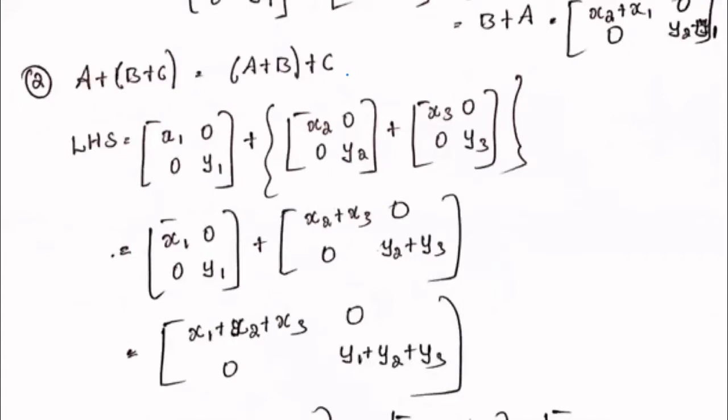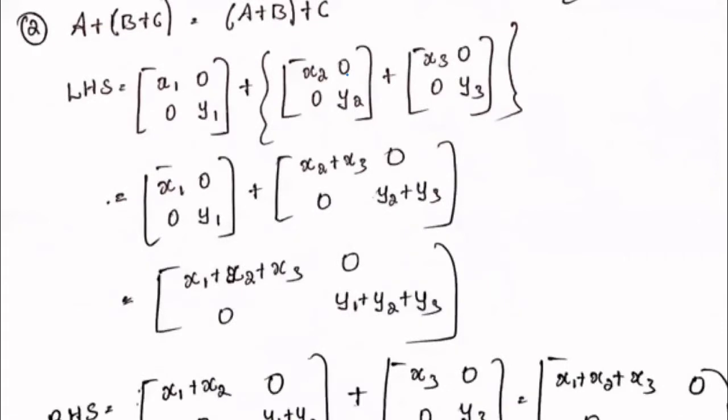You add B plus C here, so x2 and x3 will be added. The resultant will be [x2+x3 0; 0 y2+y3]. Then you are adding it with A. The final answer will be [x1+x2+x3 0; 0 y1+y2+y3].